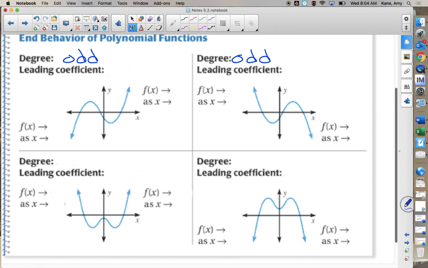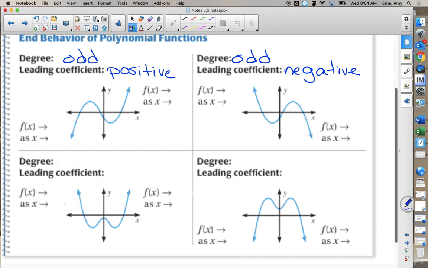Except, besides the degree being odd, the leading coefficient can be positive or it can be negative. And that's why I give 4 cases. So again, I either have an odd power or an even power, but then the coefficient could be positive or negative. And those 2 things force the graph to go a certain way.